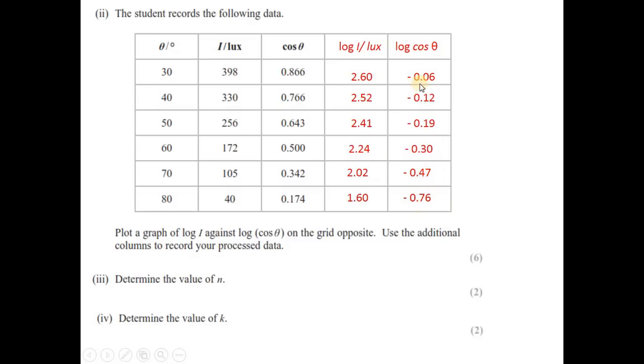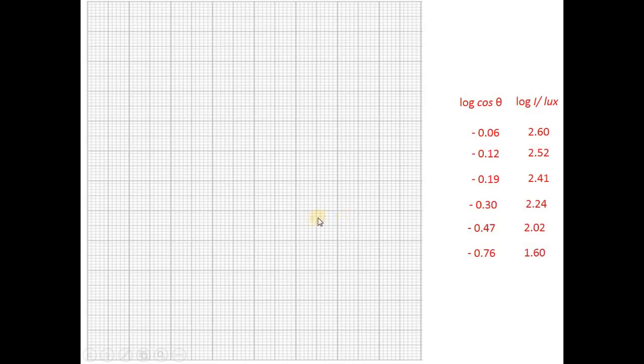And then we need to use these values to plot the graph to figure out the value of n and then k. So this is how the values of log of cos theta and log of I are. We choose log of cos theta for the x-axis because it is the independent variable, and its value is negative. So instead of choosing the origin on the left hand side, we will have to choose the origin on the right hand side, so that we can mention these negative values on the negative x-axis.